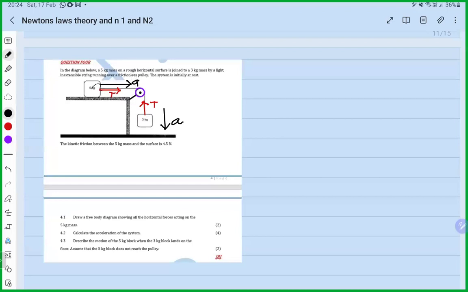That means this object is going to accelerate to the right, which means your kinetic frictional force here is going to be to the left. It is joined to a 3 kilogram mass by a light, inextensible string running over a frictionless pulley. The system is initially at rest.